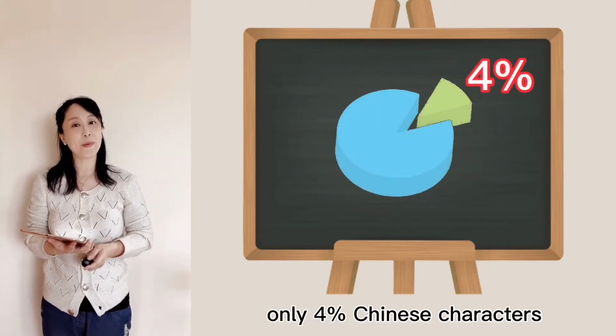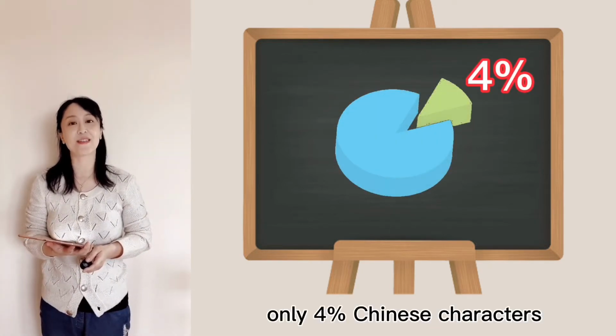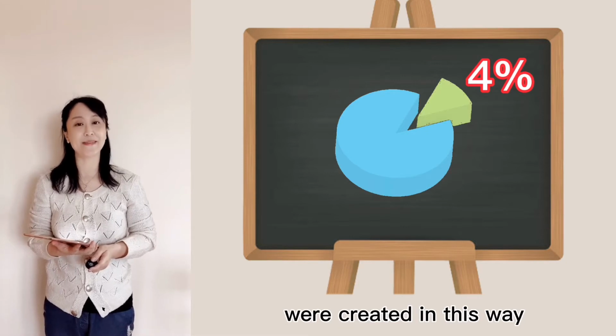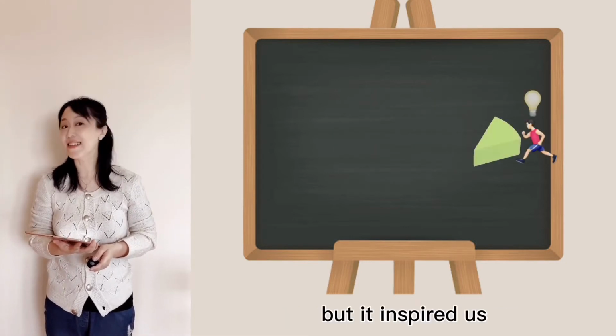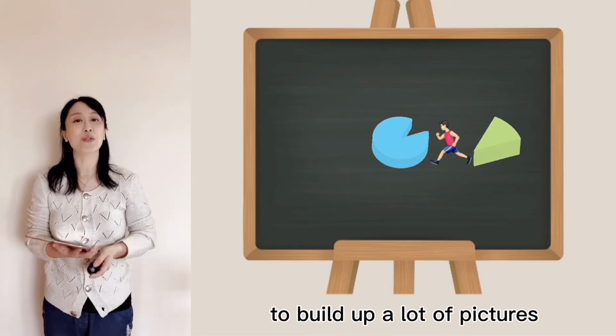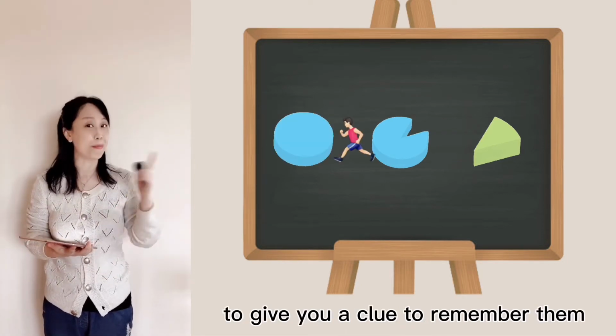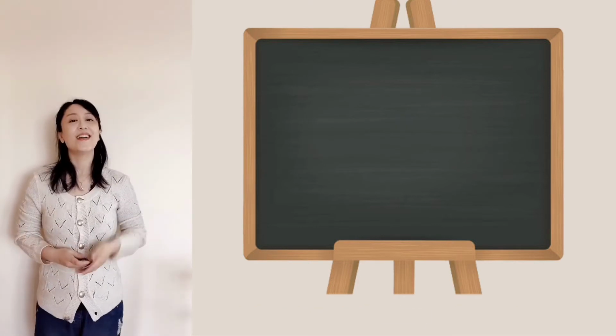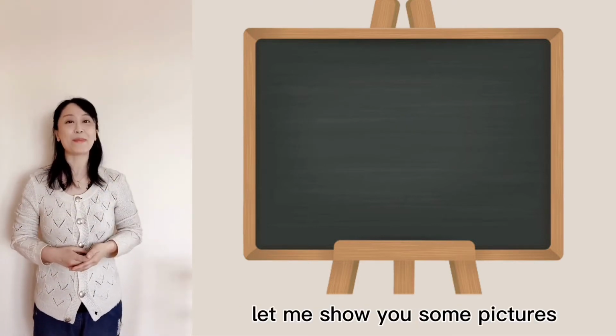Although only 4% of the Chinese characters were created in this way, it inspired us to develop a lot of pictures to give you a clue to remember them. Okay, let's show you some pictures.